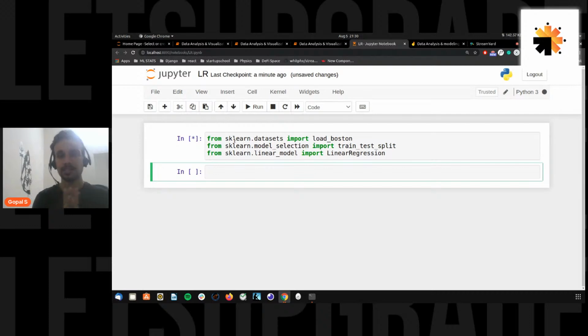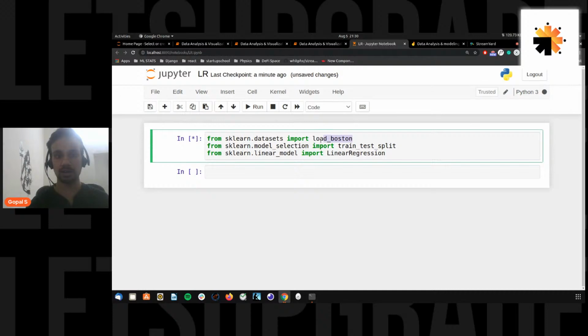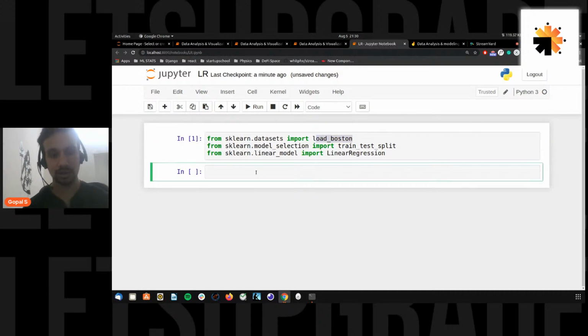These are the libraries that we are going to use. This is nothing but your x and y data set. Let's call it out here.